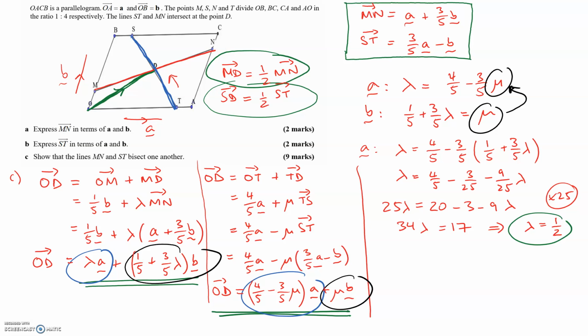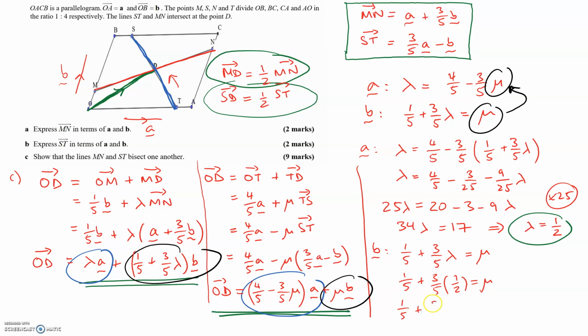Now I need to find what mu is. Okay, so I just pick one of these, it doesn't matter. Why don't I pick B? B looks a bit nicer. A fifth plus 3/5 lambda is mu. Let's sub in now, lambda is a half. We know lambda is a half, so a fifth plus 3/5 times a half is mu.